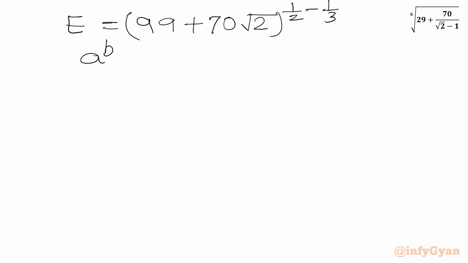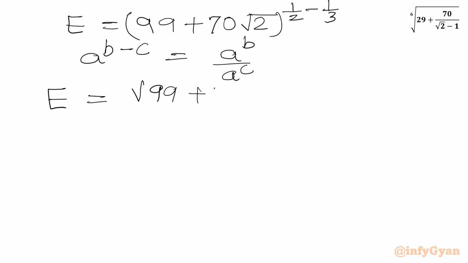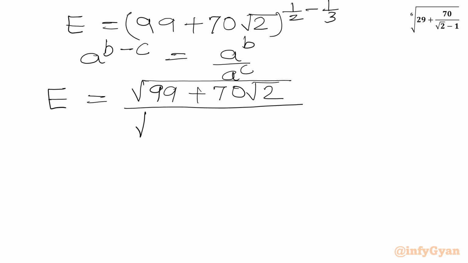The property is a power b minus c, which will be equal to a power b over a power c. So E will become square root of 99 plus 70 square root 2 over cube root of 99 plus 70 square root 2.